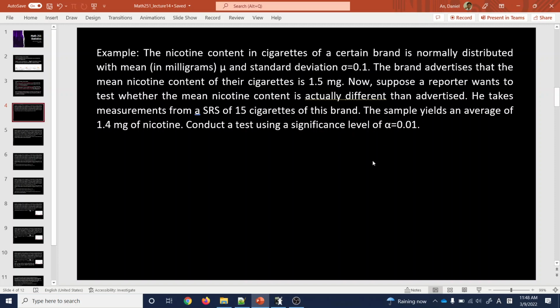Now, suppose a reporter wants to test whether the mean nicotine content is actually different than advertised. So he takes measurement from a simple random sample, SRS means simple random sample, of 15 cigarettes of this brand. The sample yields an average of 1.4 milligrams of nicotine. Conduct a test using a significance level of 0.01.